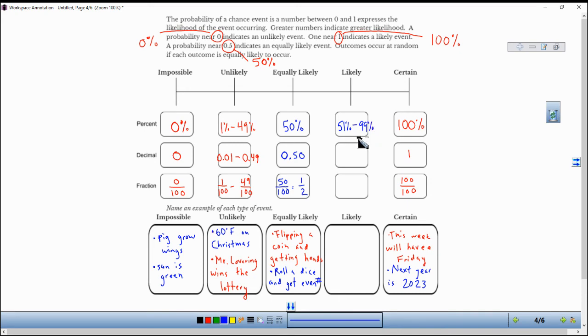Even if it's 99.8%, that'd still be likely, not certain, but likely. The decimal would be 51/100ths to 99/100ths. And the fractions would be somewhere between 51/100ths and 99 out of 100.